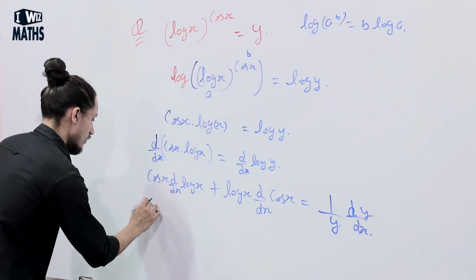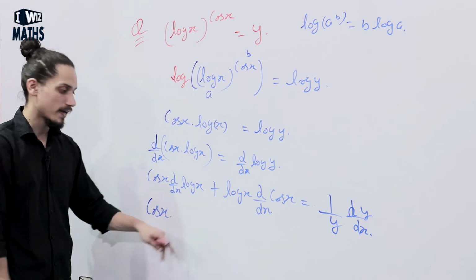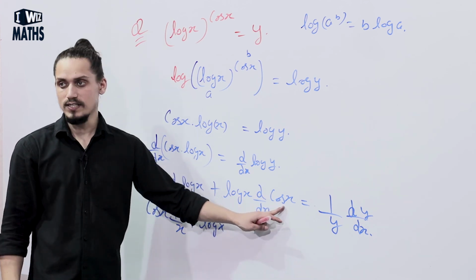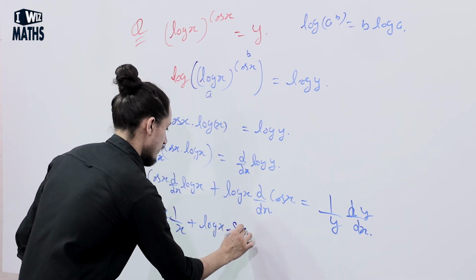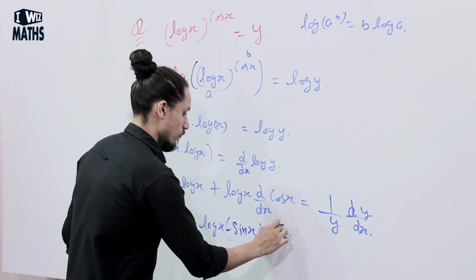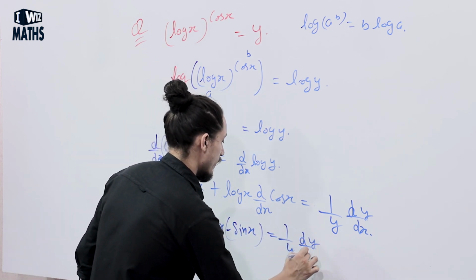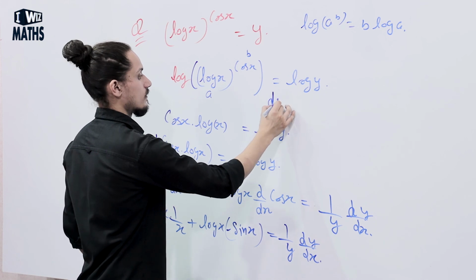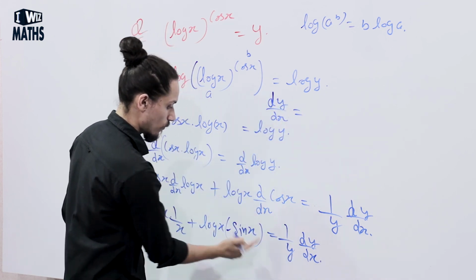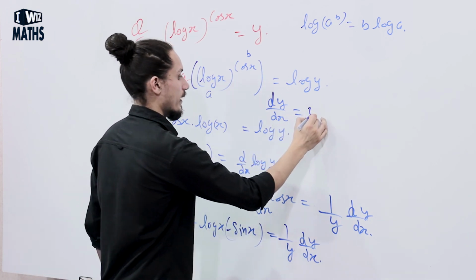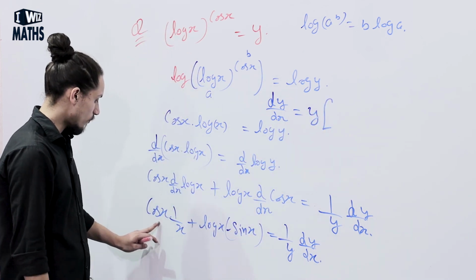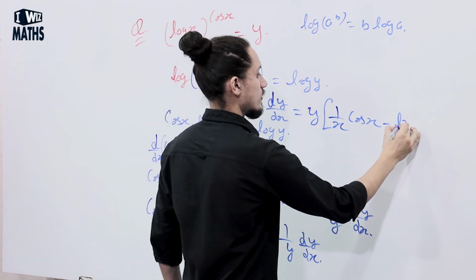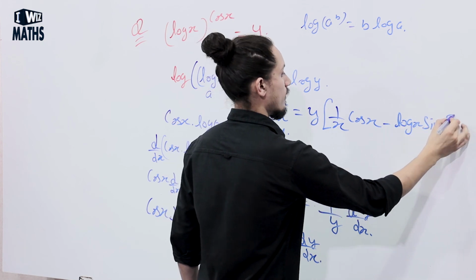Now we have cos x into derivative of log x, 1 upon x, plus log x into derivative of cos x, which is minus sin x, is equal to 1 upon y dy by dx. We have to find the value of dy by dx. So dy by dx will be equal to y, which goes to the numerator by cross multiplication, y into 1 upon x cos x minus log x sin x, and hence the result.